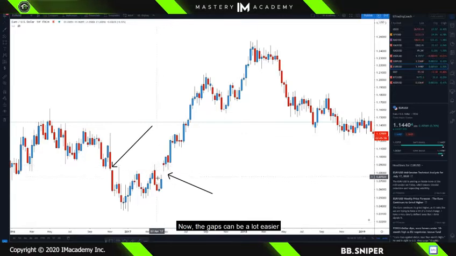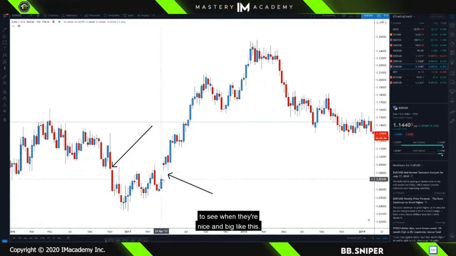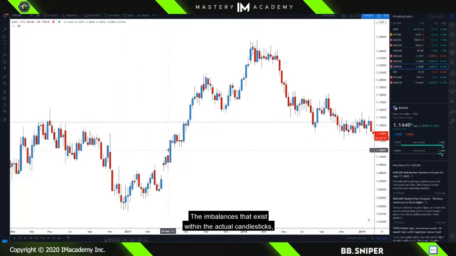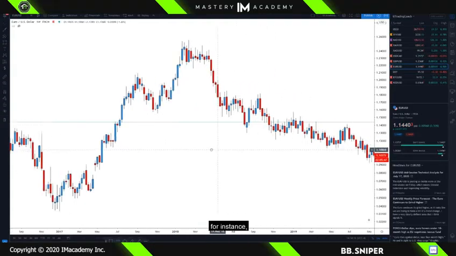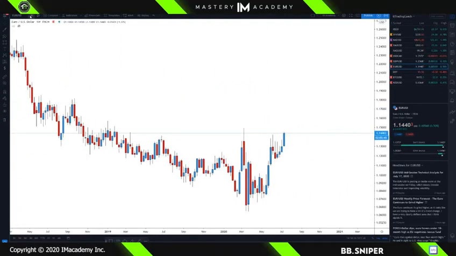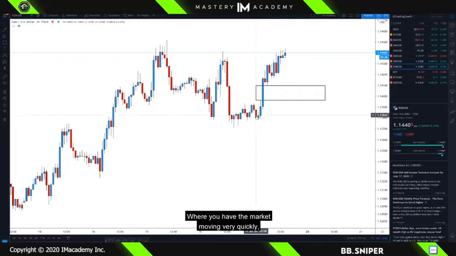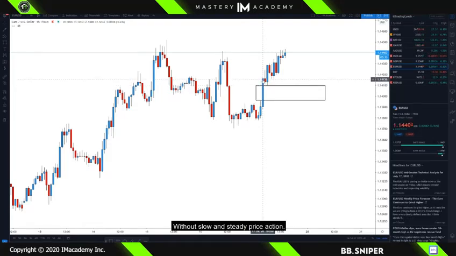Now, the gaps can be a lot easier to see when they're nice and big like this. The imbalances that exist within the actual candlesticks, for instance, may look more like this, where you have the market moving very quickly in a single direction without slow and steady price action.